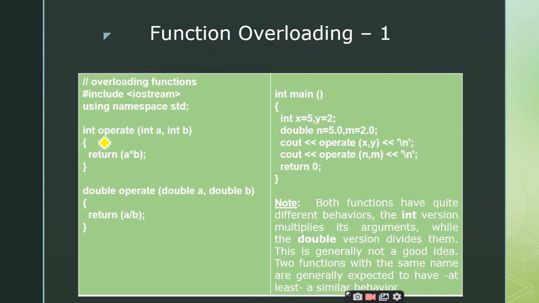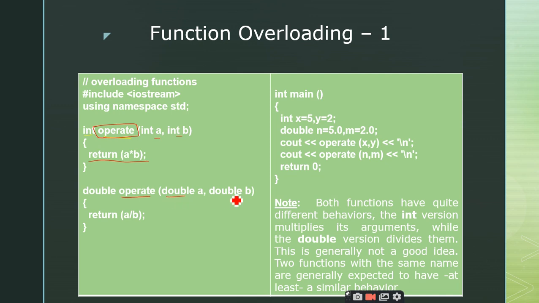Here you can see that I have taken this int operate, which is accepting two integer values, int a comma int b, and here I am returning the multiplication of these two integer values. And similarly the same operate function I am taking. So this is an example of function overloading.